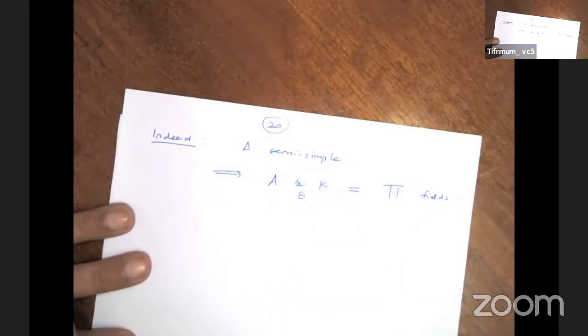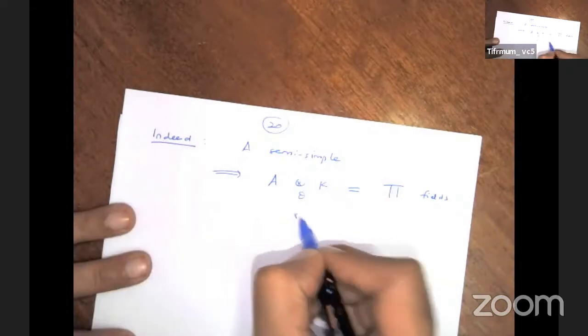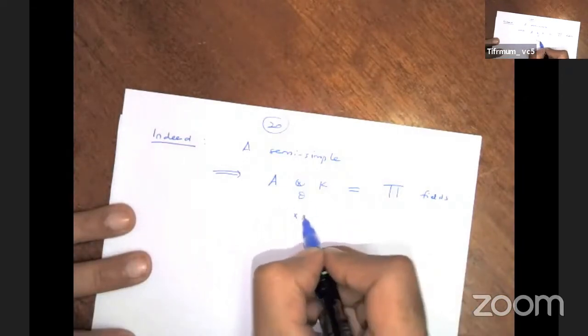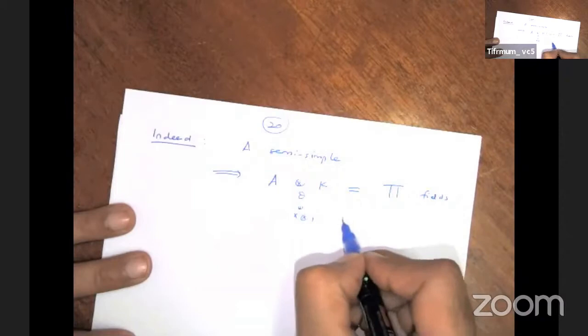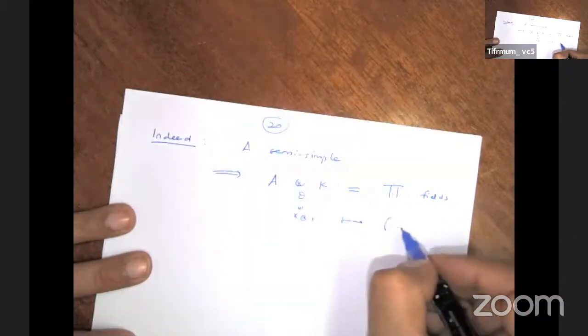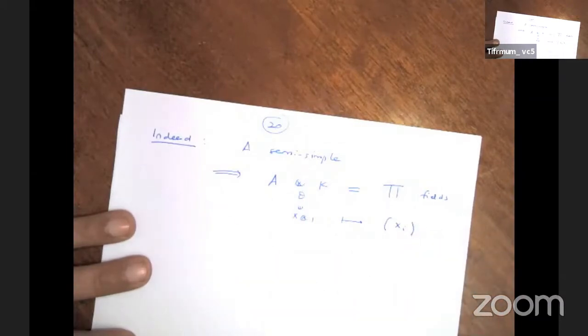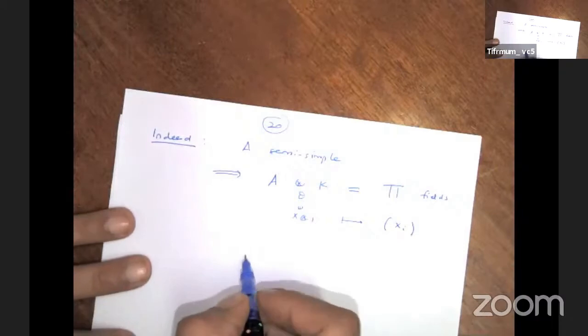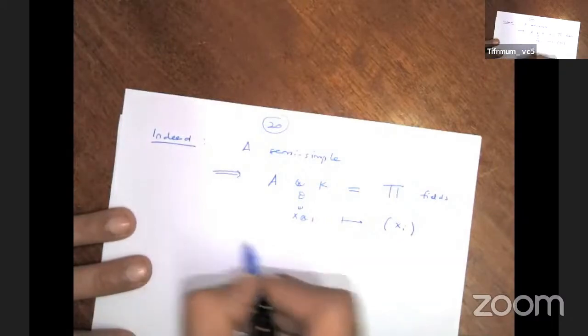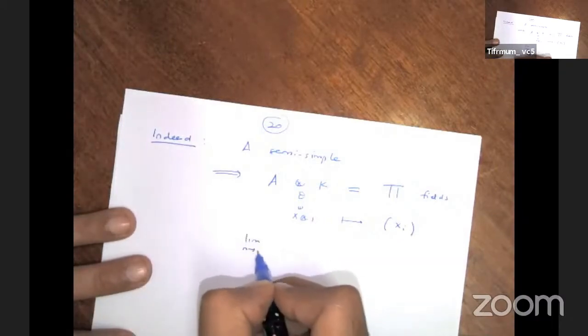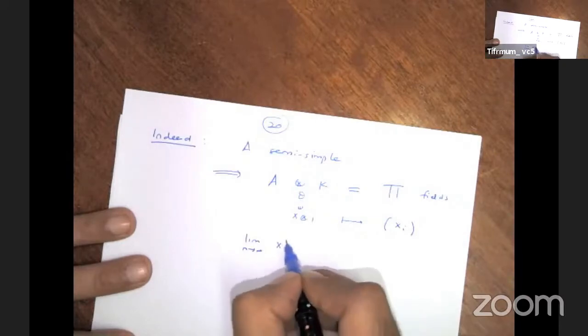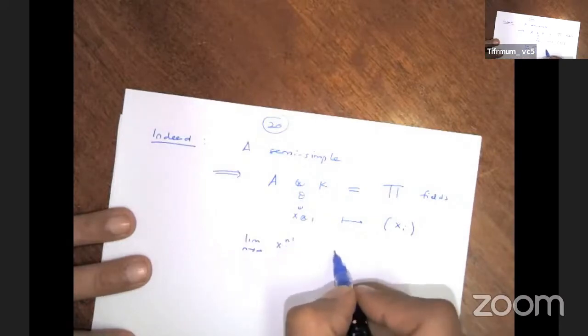So what does X map to? If you have X, this X tensor 1 maybe, which is in here, well, it maps to a bunch of elements in these fields, which I'll call X_i. Now, when you take the limit as n tends to infinity, well, what happens? That's the same thing on this side.